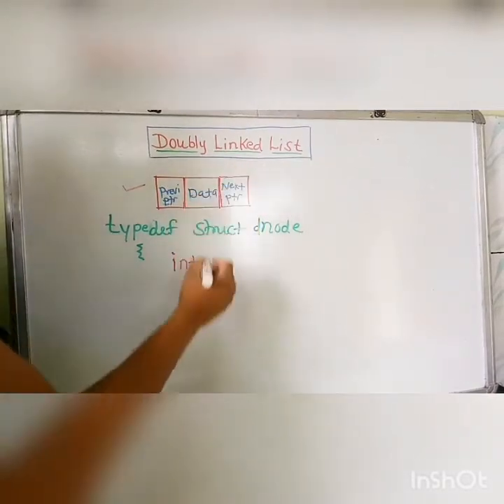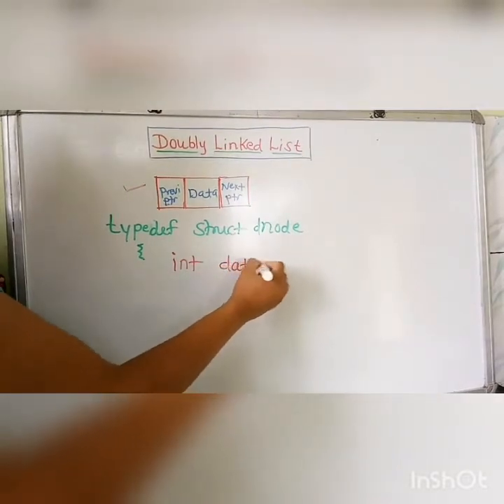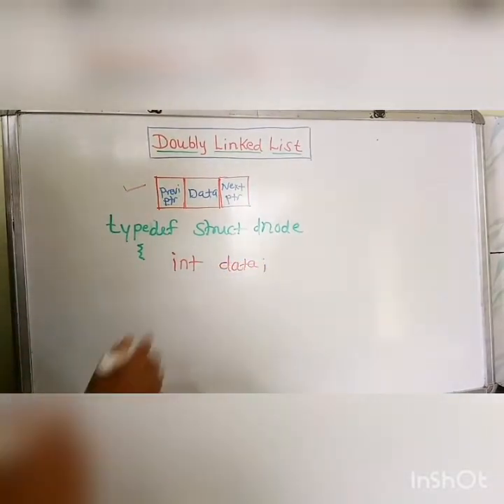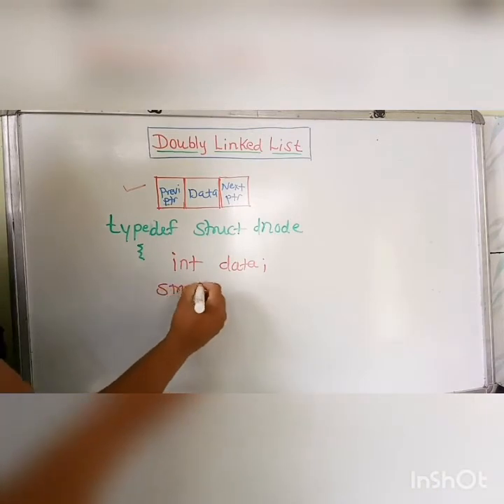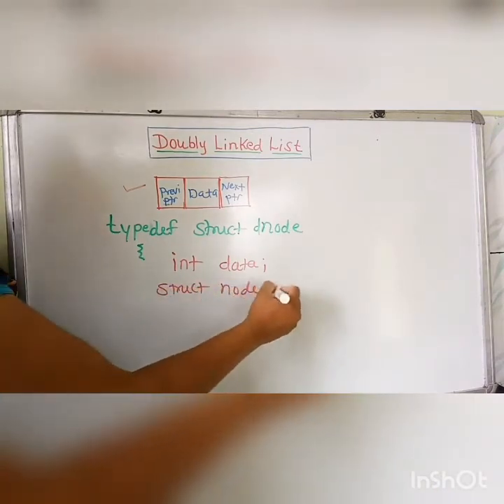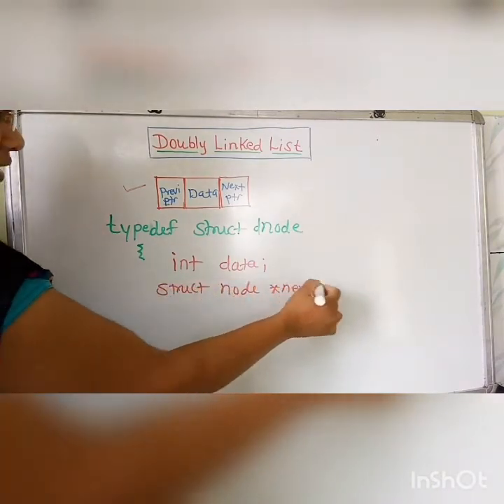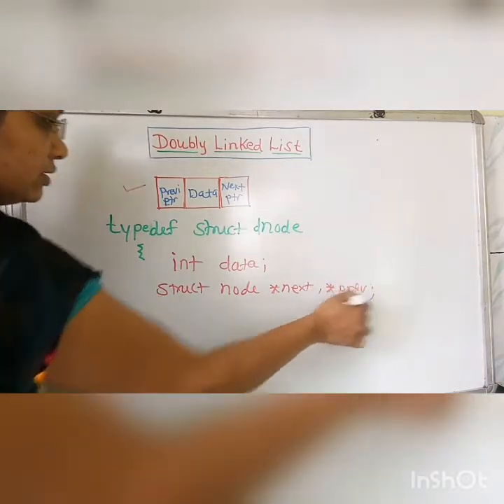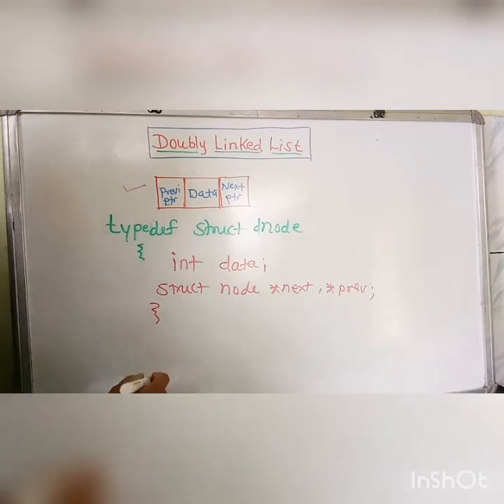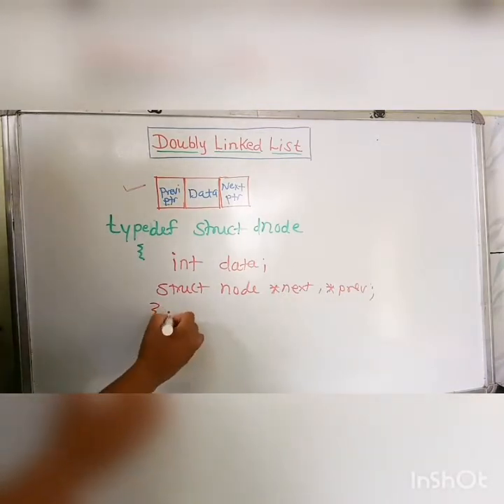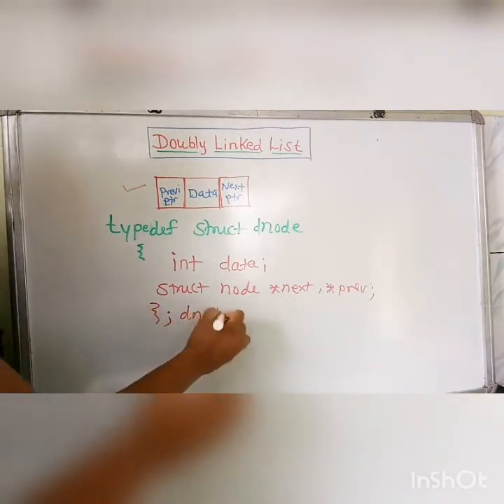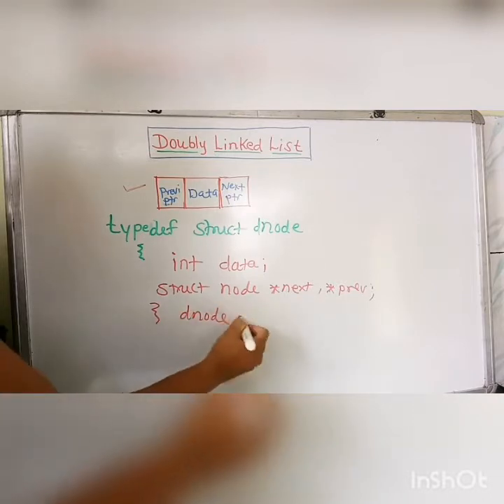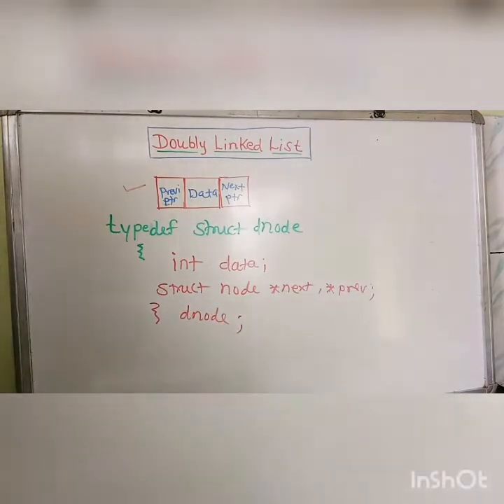its elements: an integer type data, then struct node type star next pointer and star previous pointer, completing the node structure, and here we can assign the variable of type struct node.